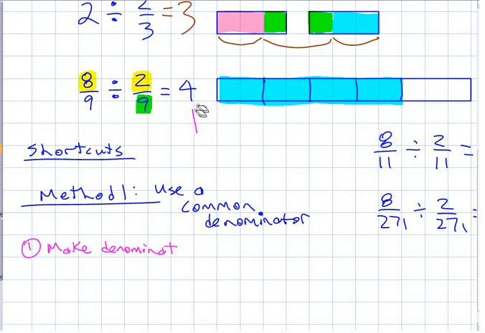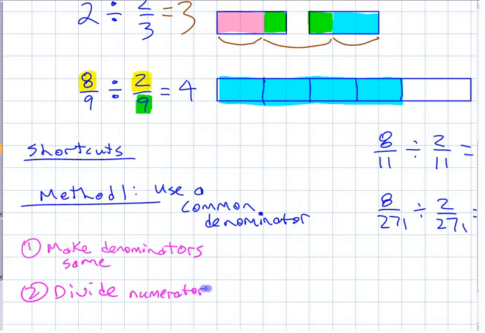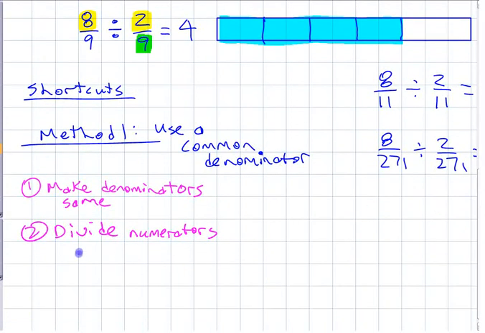Can't you just say 4? Make denominators the same, and then divide numerators. I'm going to put in brackets and denominators because really you're dividing the denominators as well. That's the method here, okay?